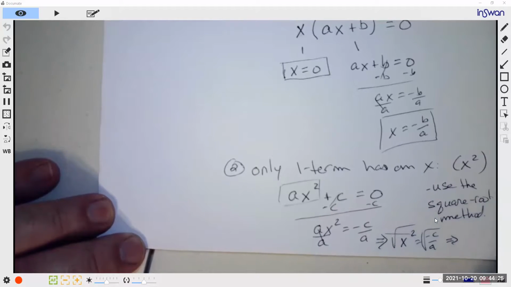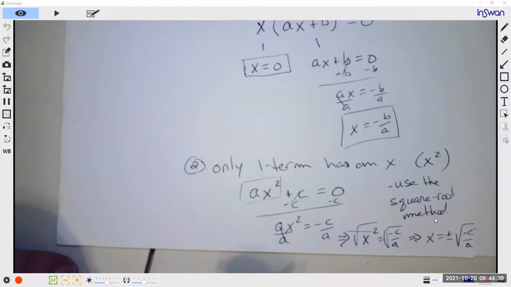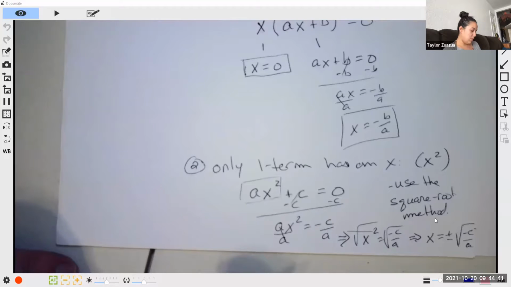The squared and the radical cancel. So you have X equals plus or minus the square root of whatever's on the right hand side.